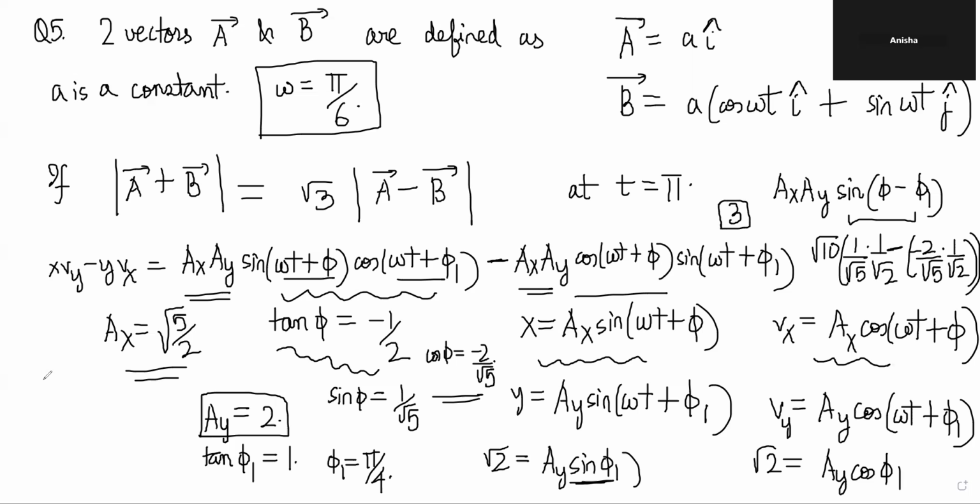The time actually was pi by 4, but time didn't even come into the picture, right? We didn't even need to find time because it turned out that the expression is independent of time. It only depended on Ax, Ay, and the sine of phi minus phi 1. So that is the solution.